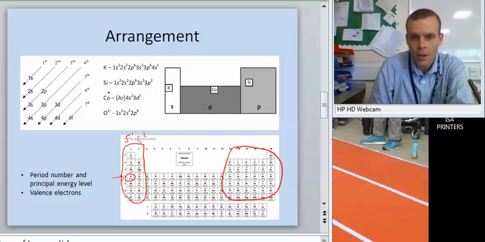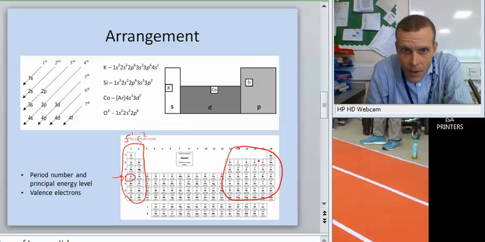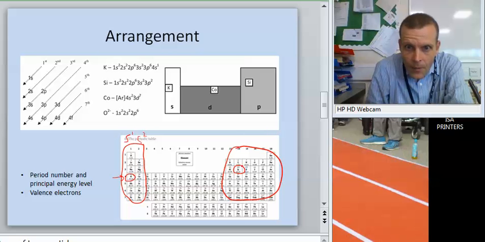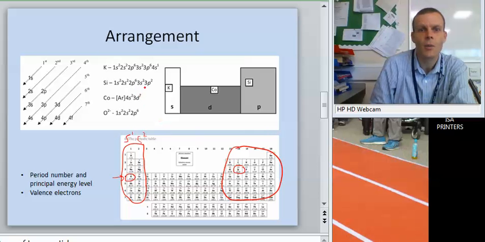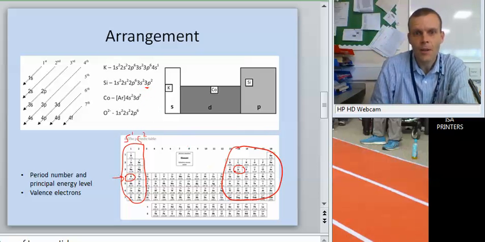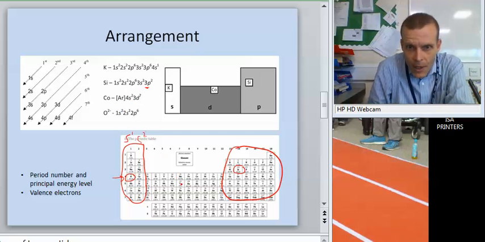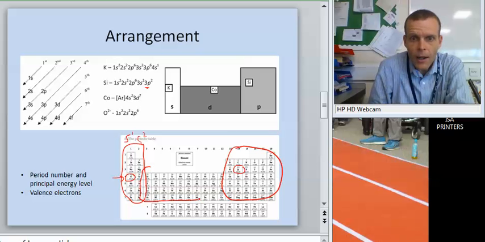So if we look at silicon, which is finishing up 3p2, it's in the 3rd period, and it's the second one in the P block. So P1, P2 is where it's at. So the highest energy level that's occupied, principal quantum number, is 3. There it is in the 3rd energy level. Cobalt, 4s2 3d7, should be the 7th one along in our D block.